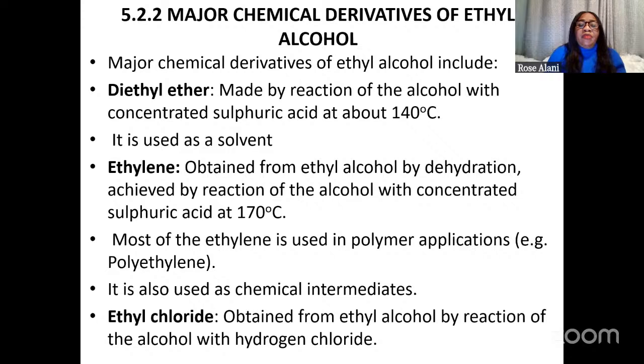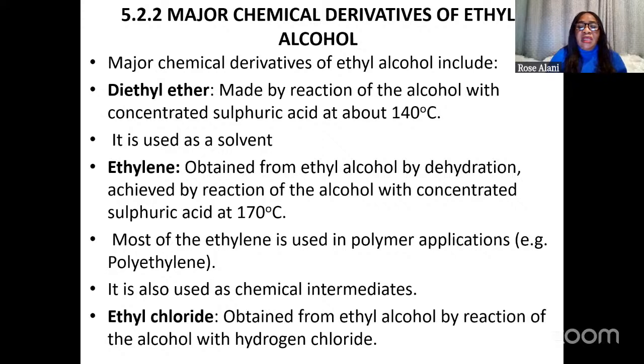Then another derivative from ethyl alcohol is ethylene. You obtain this by dehydrating the ethanol using concentrated sulfuric acid at a temperature of 170 degrees centigrade.